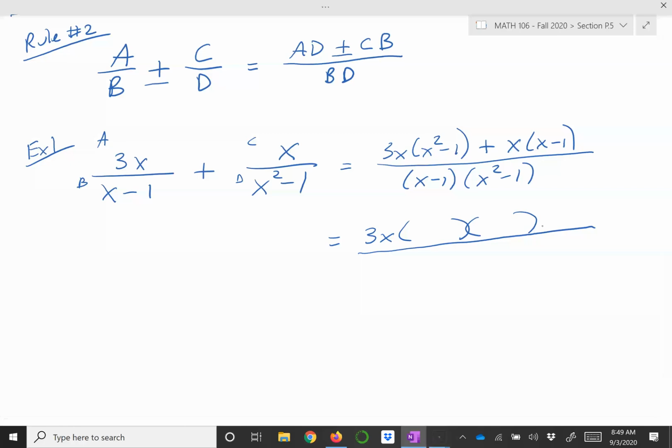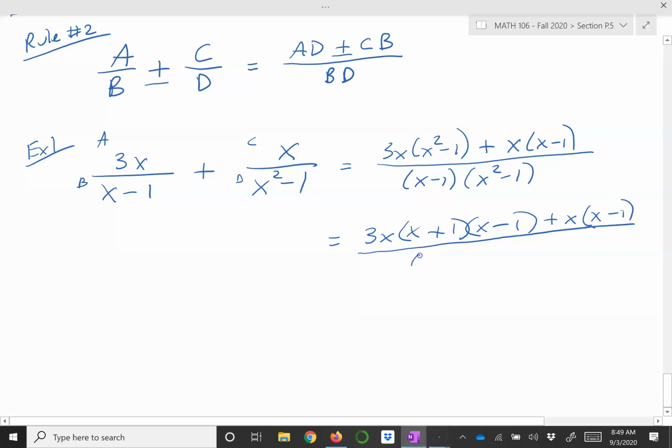It's the difference between two squares, right? So you could take the square root of x squared and get x, and then the square root of 1 is 1. So this can become, right? And then we have plus x times x minus 1. Okay? So far, so good.